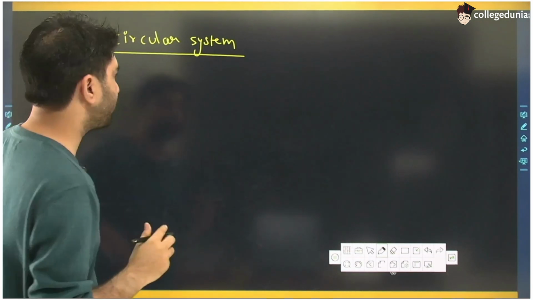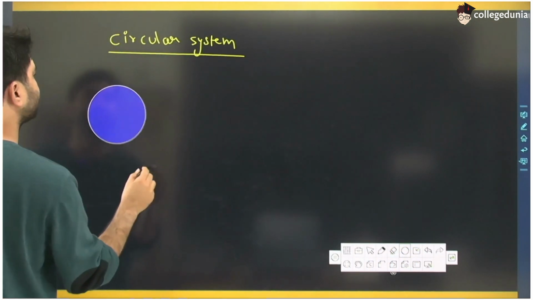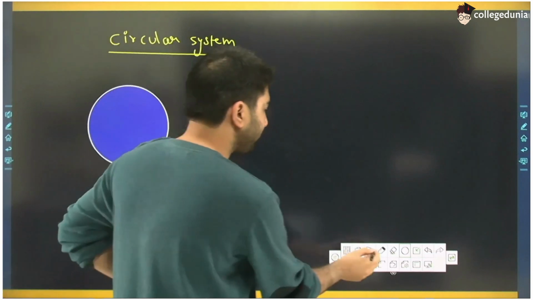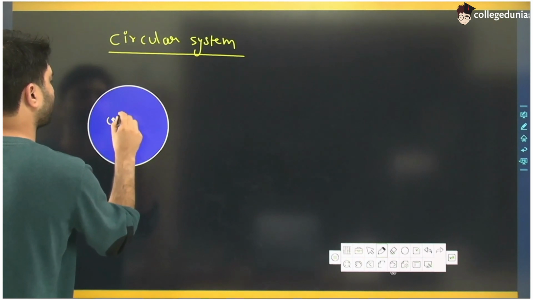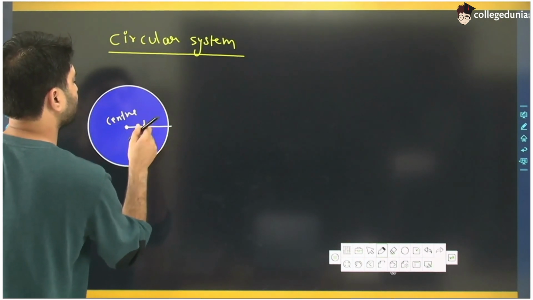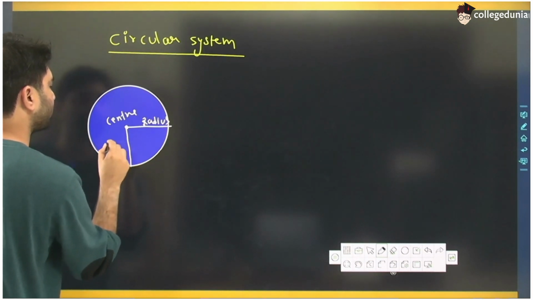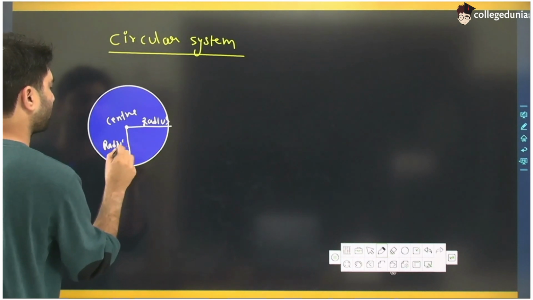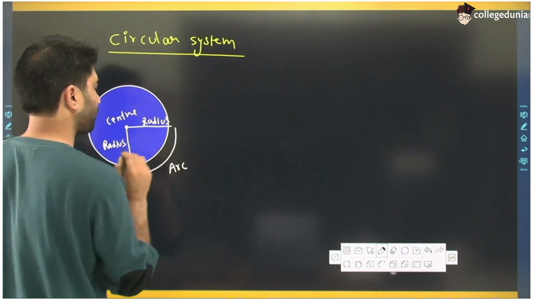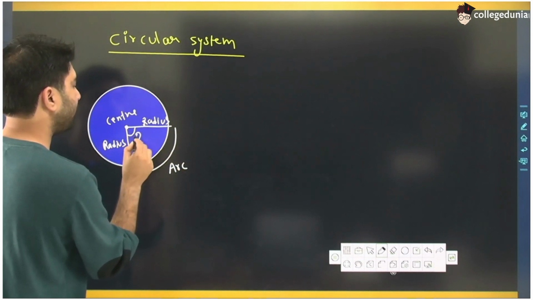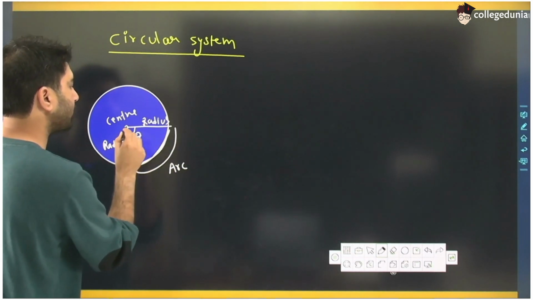If we talk about the circular system, here we are basically going to learn about a circle. Okay, in this circle, you know that this is the center, this is radius r, this is also radius r, and you all know that this is the arc, and this is the angle theta which is subtended by this arc on the center.